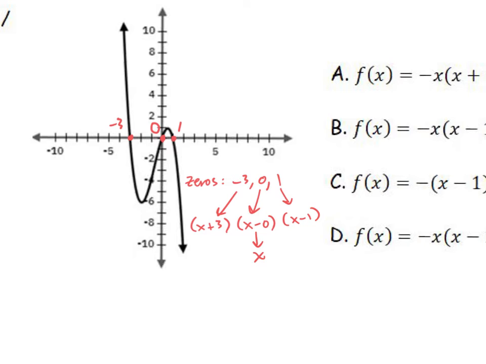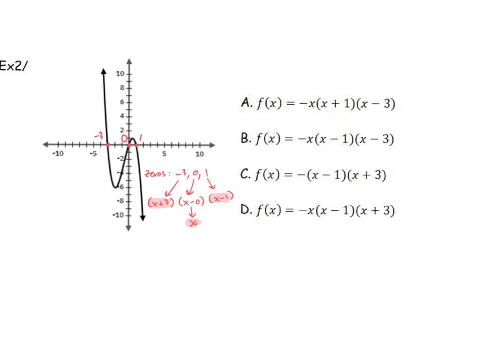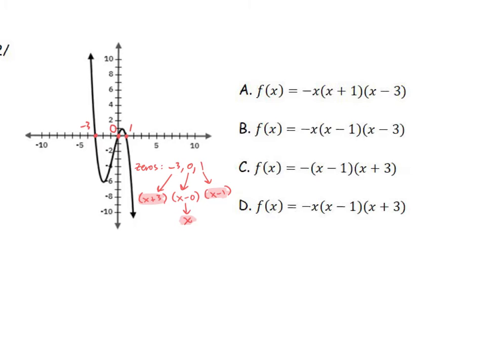So my solution should have a factor of x plus 3, a factor of just x by itself, and a factor of x minus 1. All right, so let's look at our answers. We're looking for an x plus 3, an x minus 1, and an x by itself.